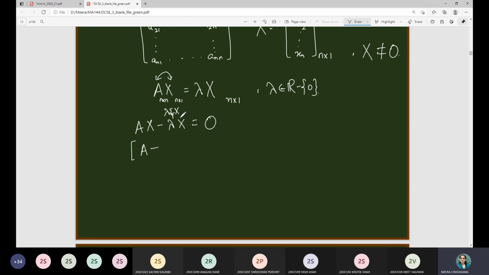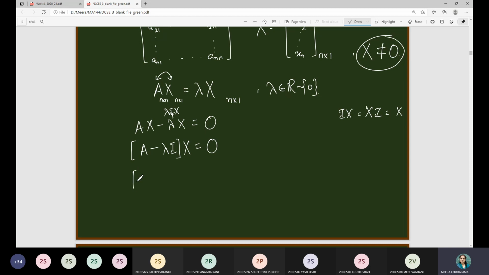X I can write as identity times X, of course yes, because if you multiply the identity matrix with any vector, you will get that vector itself. So in that case, I can write it as A minus lambda I times x is equal to 0 matrix. But we have considered our vector x as non-zero.